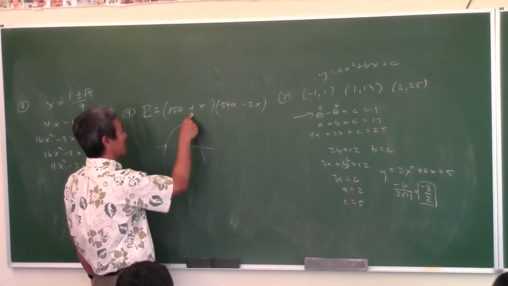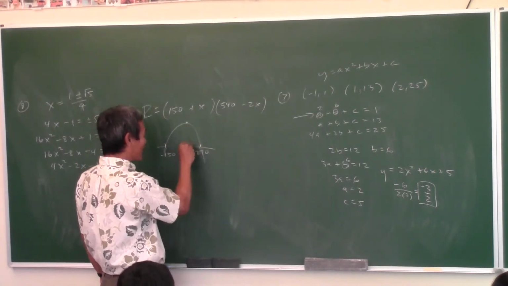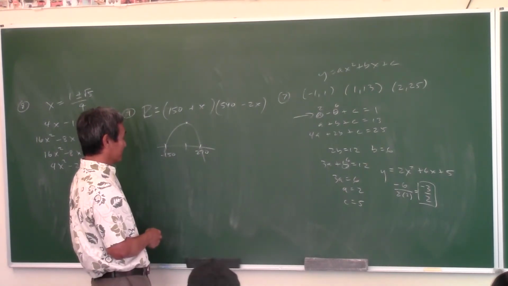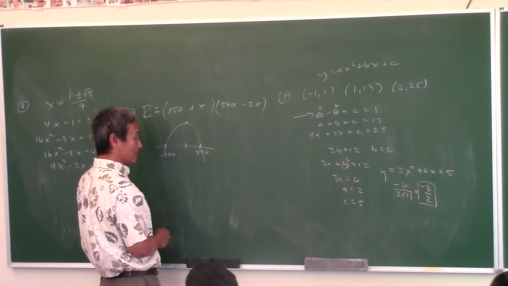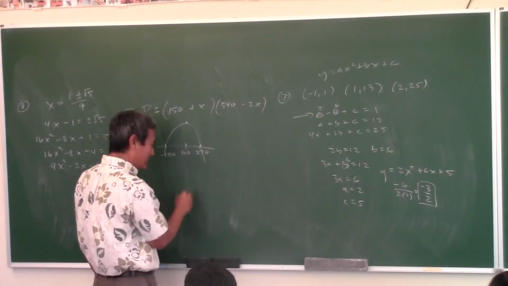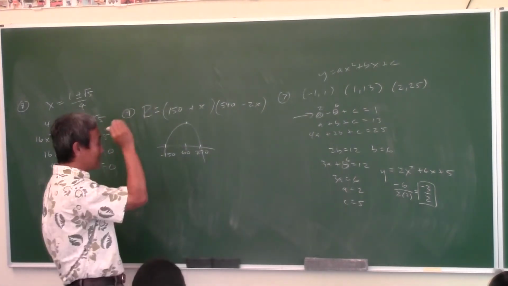With negative 150 and 270. So the vertex has to occur halfway in between, which is, you cannot take the average. 60. So that means when x is 60, that's when you're going to make the most amount of money.